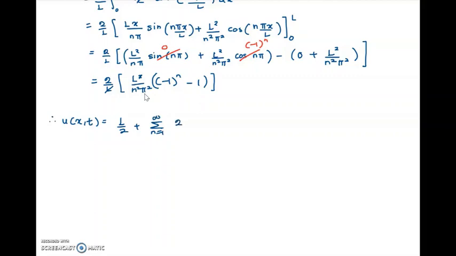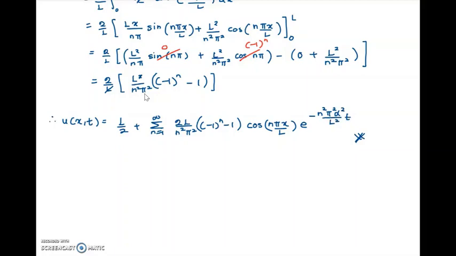So an is 2L over n square pi square, negative 1 power of n minus 1, multiplied with cos n pi x over L, and then exponent negative n square pi square alpha square over L square times t. So that is our solution for the insulated case.